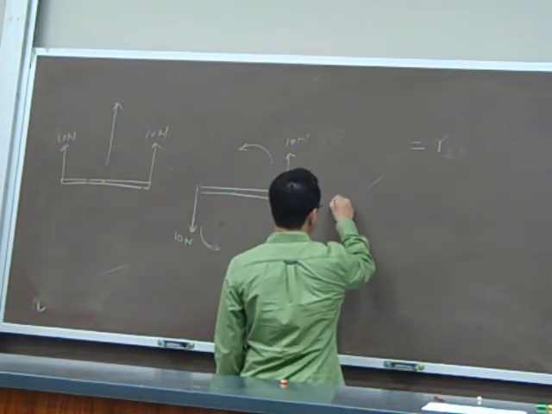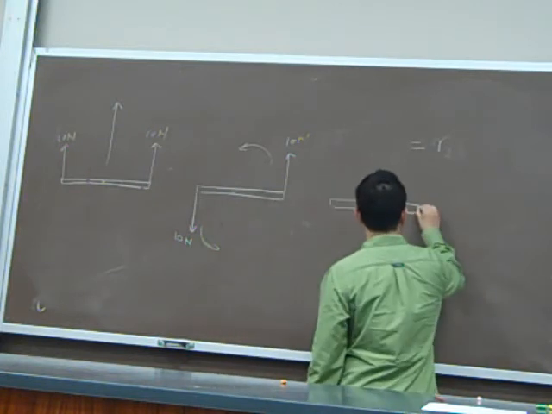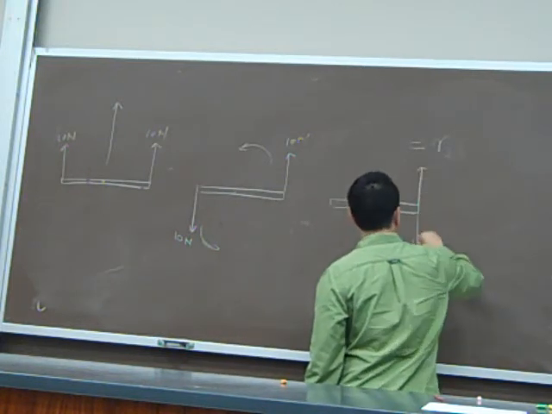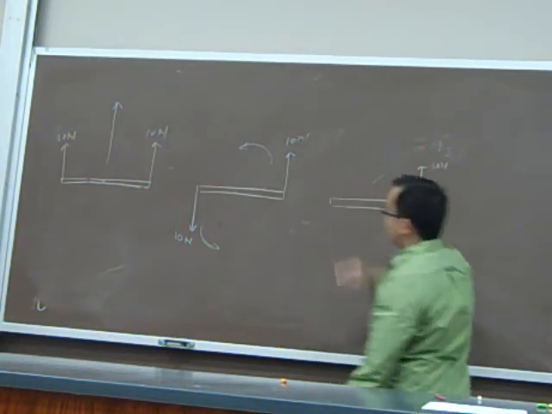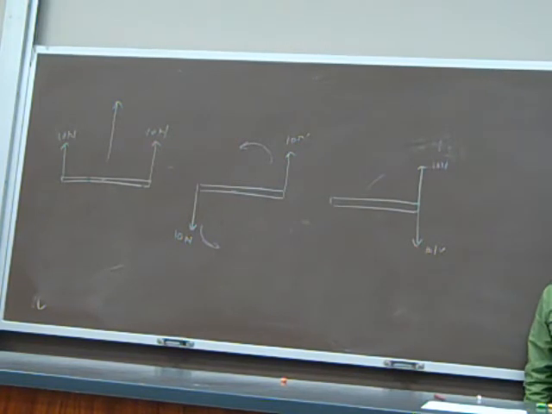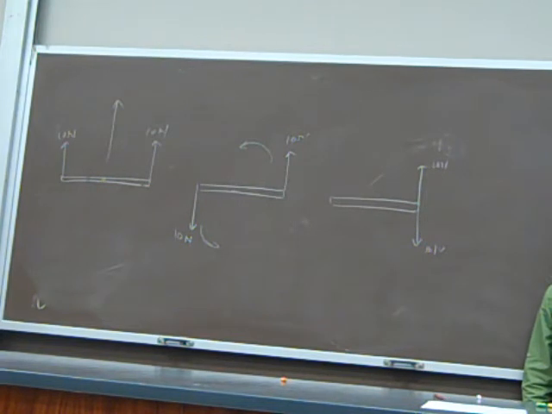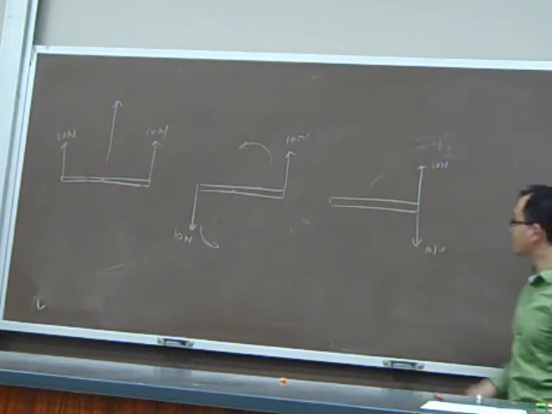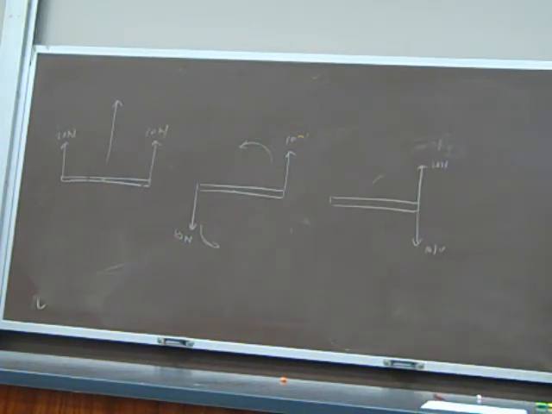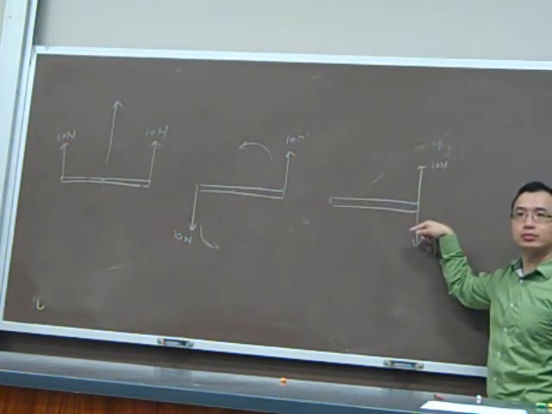Now let me look at another situation. In this case, is the force balanced? Yes, two opposite forces. How about the torque? It's also balanced, I think so. One is counterclockwise, one is clockwise. Stationary. So in this one, you don't have rotation and you don't have translation.